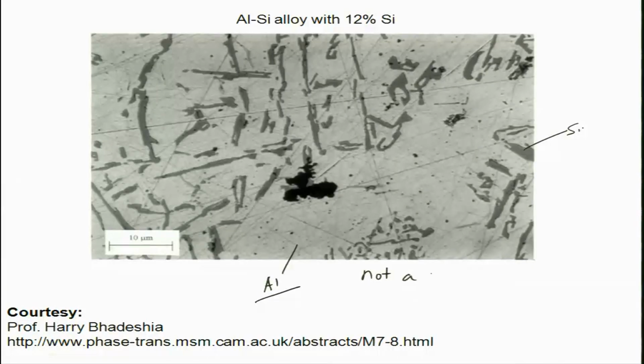As a result, some sort of refiner is added to improve the microstructure, such that the silicon in the eutectic does not form in this shape, rather silicon forms in a roundish shape. So, you can say that this is not a good microstructure for mechanical properties.